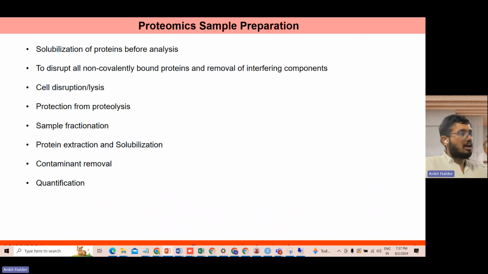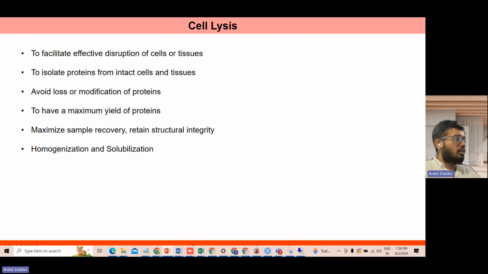So all these are a very big problem in a sense. That's why we need to have a very robust technique, and we need to understand the concepts of when we are using which particular technique for which particular kind of sample. And then if we get some unknown sample, we can come to a decision on how we can go ahead with the protein extraction.